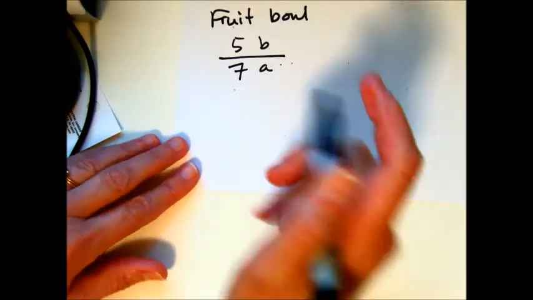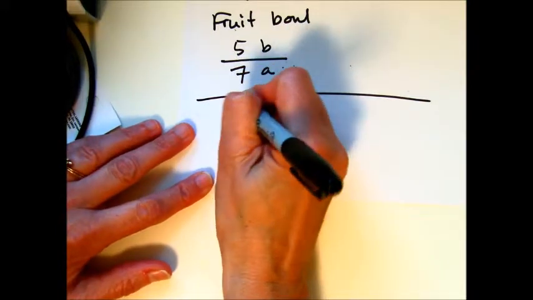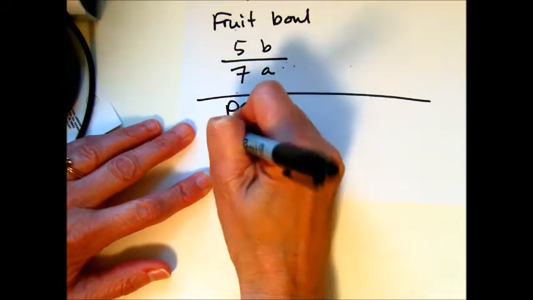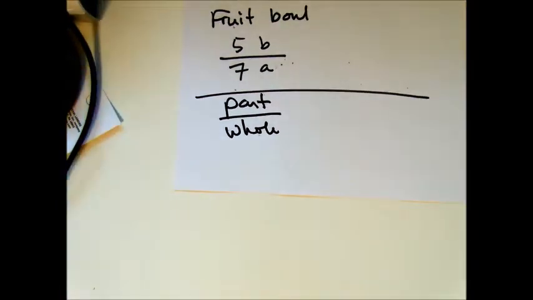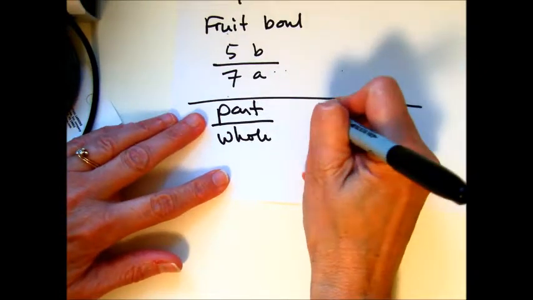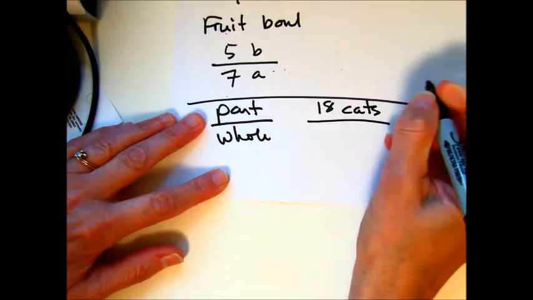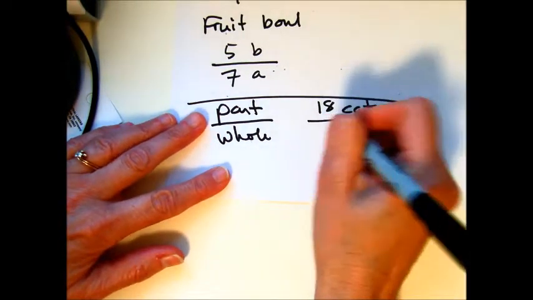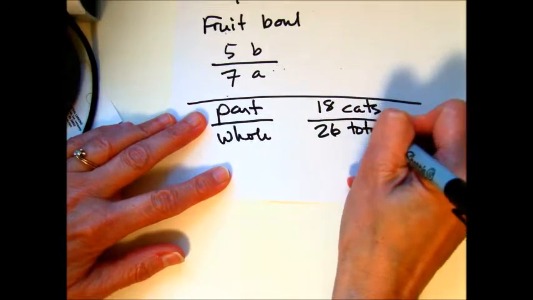So the other kind of ratio that you'll see is when you are comparing a part to the whole amount. And so in that example, if we use some of the examples we just did, say we've got 18 cats compared to a total of 26 total animals.